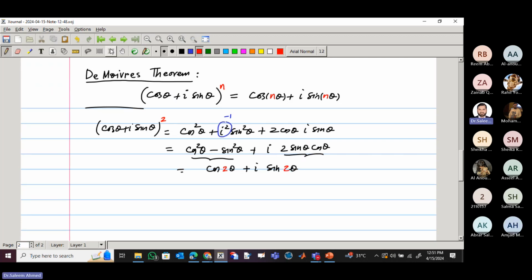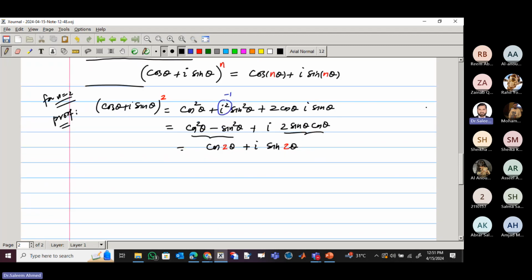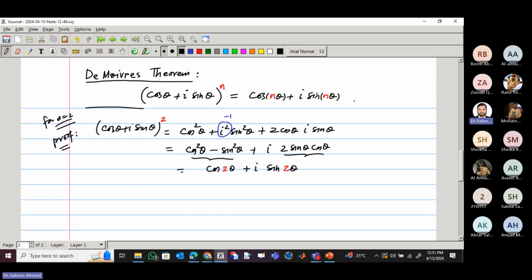So this is a proof for n is equal to 2. But we can accept it for 3, 4, 5, because for 3, 4, 5, 6, it will be very difficult to prove it. So we can just accept that this is true for any power n. Okay.